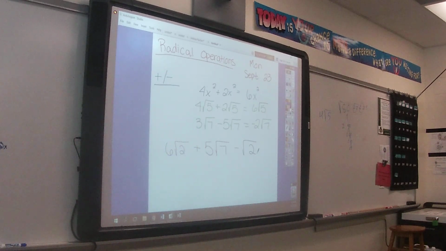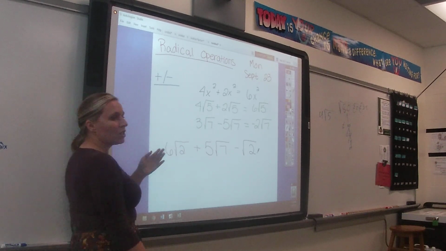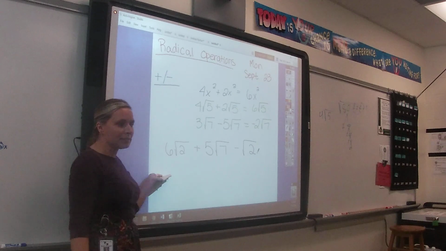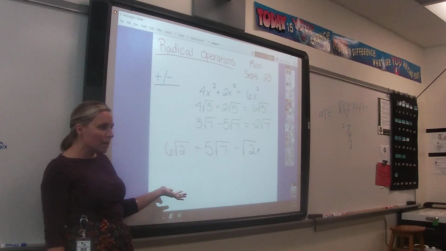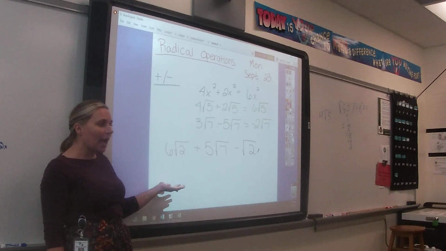So one of the biggest pieces that we actually need to know about adding and subtracting is not actually how we add them, but we need to know when we can't add them. That's going to be the more important piece, believe it or not, as we go forward. If we have these pieces, we need to recognize that these aren't all like terms, and so not all of them can be added.